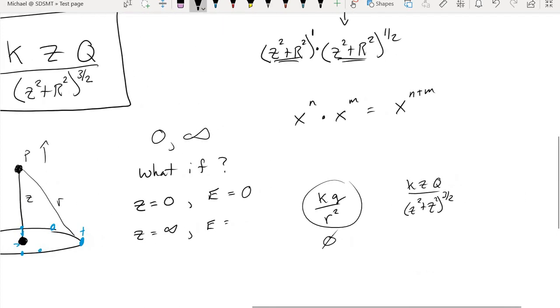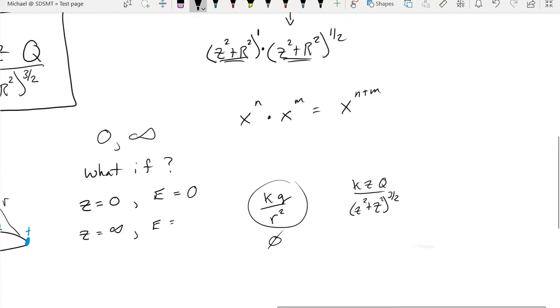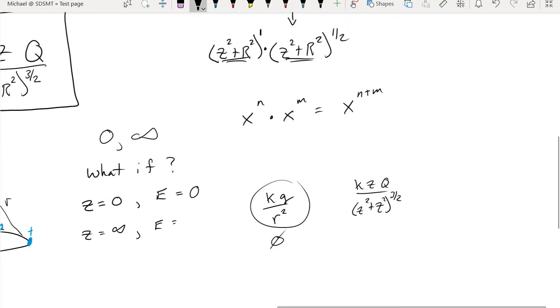Over here, if I plug in infinity for z, well, I would have some infinity in the numerator. I would have some infinities in the denominator. In your calculus classes, this would technically be considered an undefined statement, but there are some ways of getting around this.